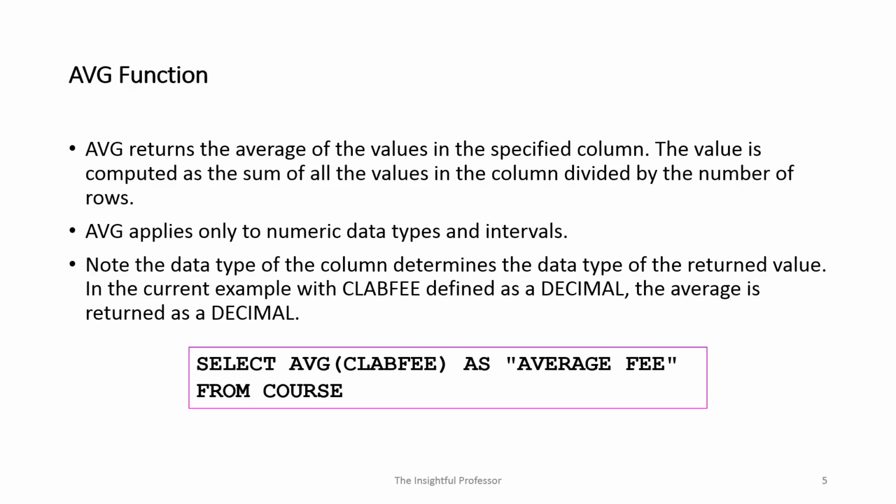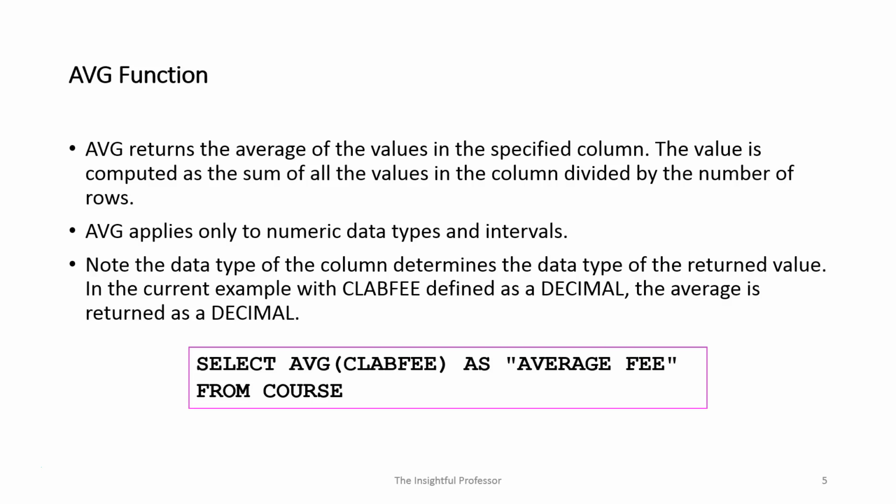Not the full size of the table, because if you have a where clause, then in the case of our example of C department equals CIS, there were only 6 rows that participated. So we would divide whatever the sum of the 6 lab fees is by 6, the number of rows participating.